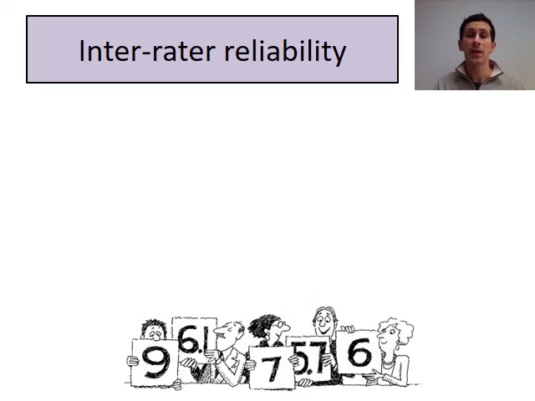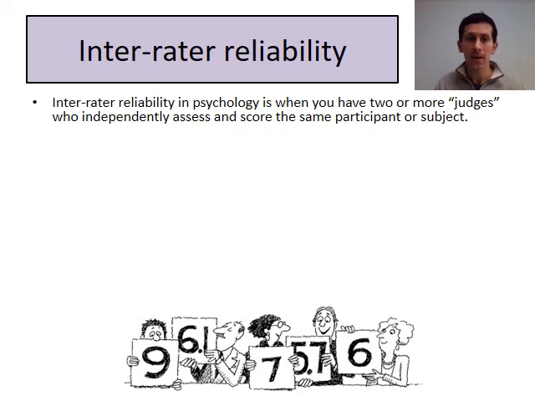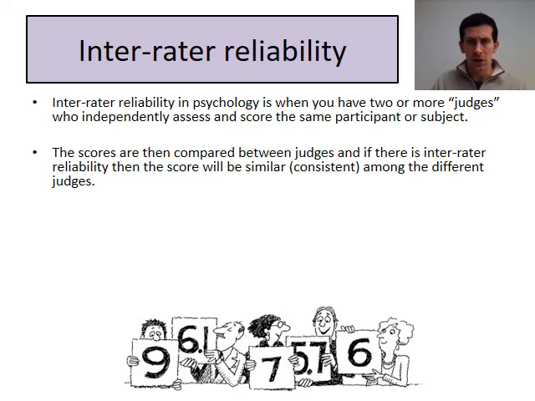We've also got inter-rater or inter-observer reliability. It's called a few different things depending on the type of study you're doing. And this refers to when you've got 2 or more judges who are independently assessing a participant or giving a subject a score. So the scores are then correlated. We've got 2 different researchers both giving a score for a participant. We take their scores and we compare them.